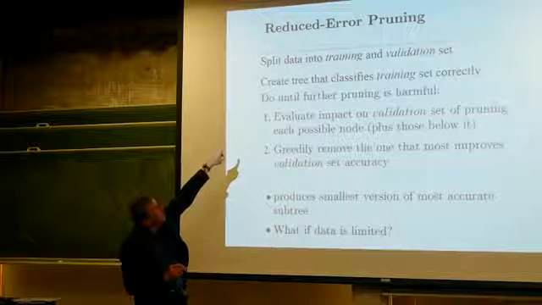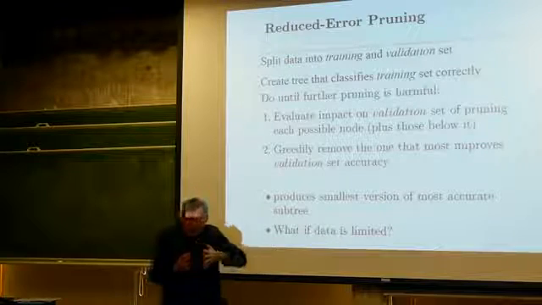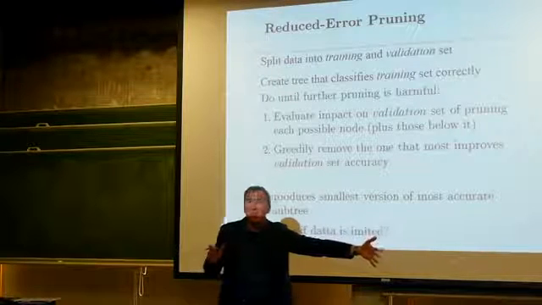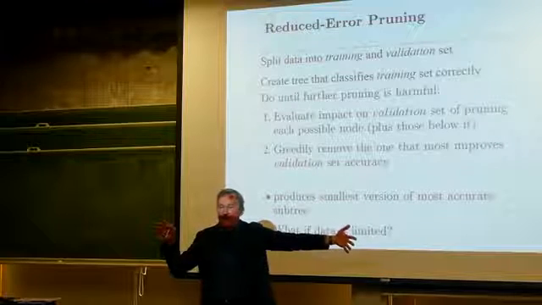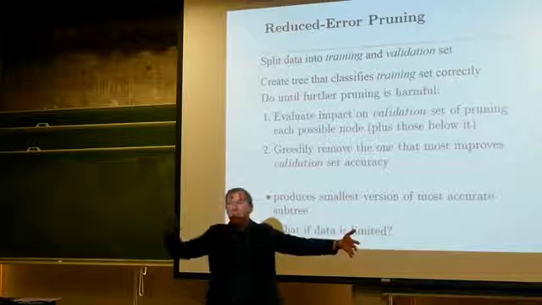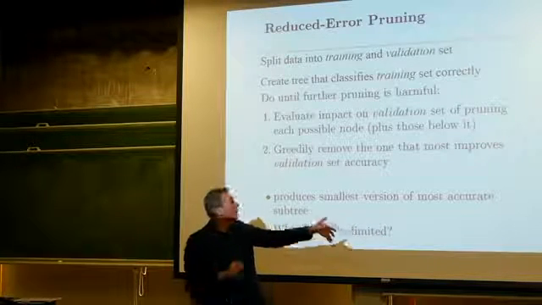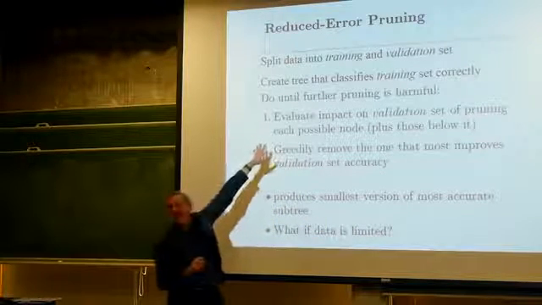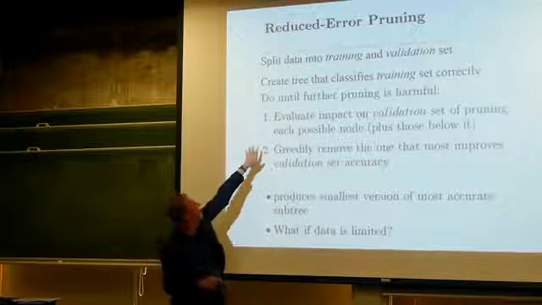You build a tree that classifies the training set correctly, so you do let it go all the way. But then instead of going back to look at where the test error optimizes in choosing that tree, you actually do surgery on this created tree. And this gives you a little bit more flexibility.